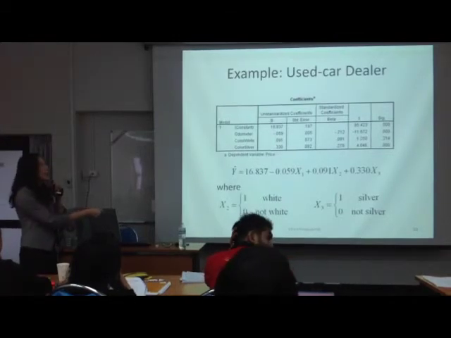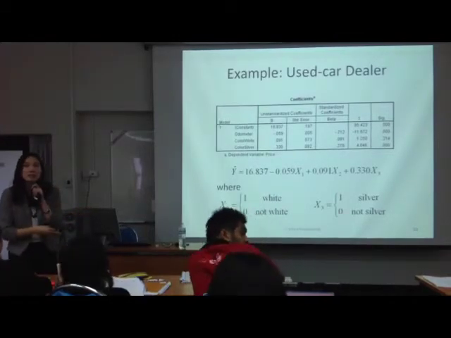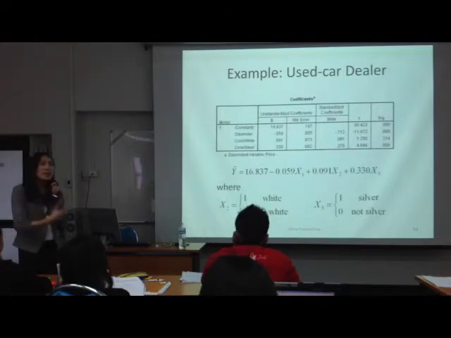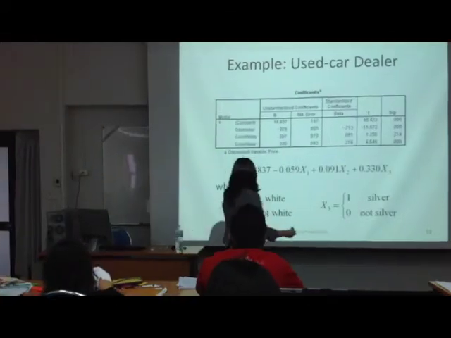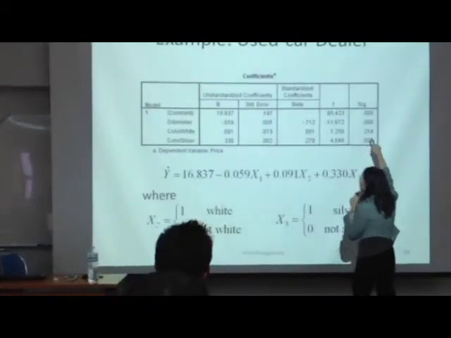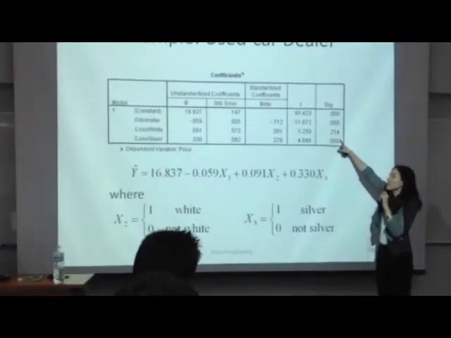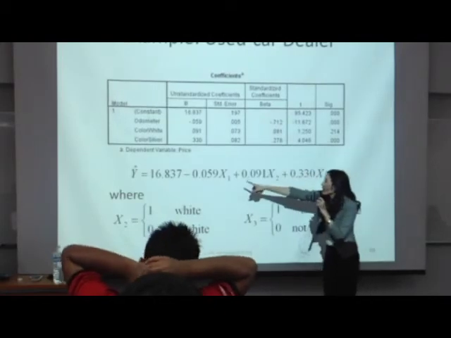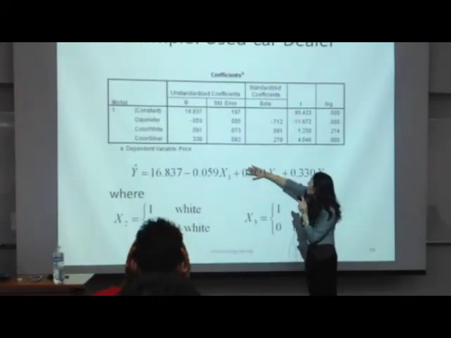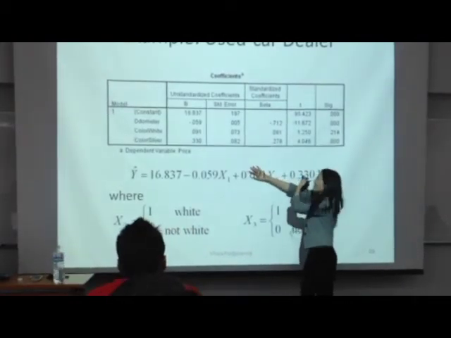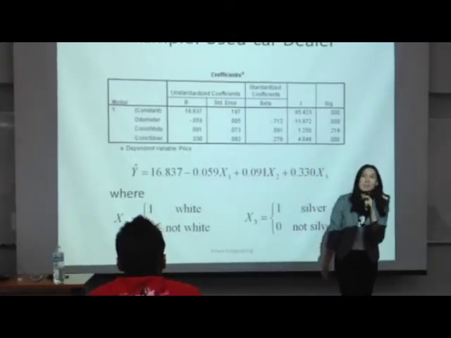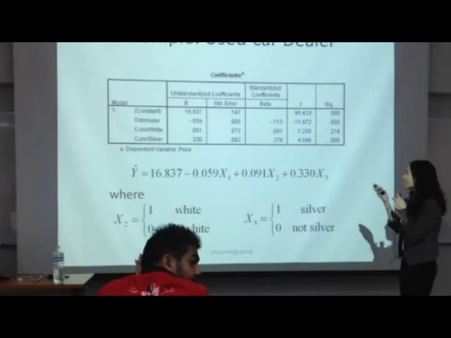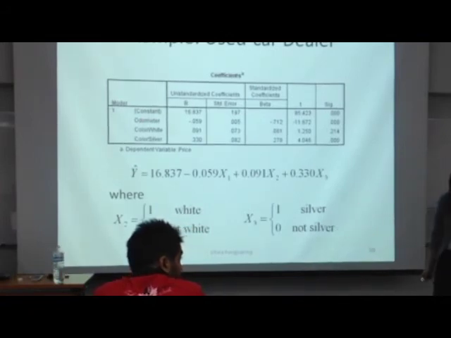Remove color white and then refit the model. Every time you have to refit the model. You cannot just say, okay, since color white is not significant, you can write down something like this and ignore this term. You cannot do this. You have to refit the model by excluding that variable.